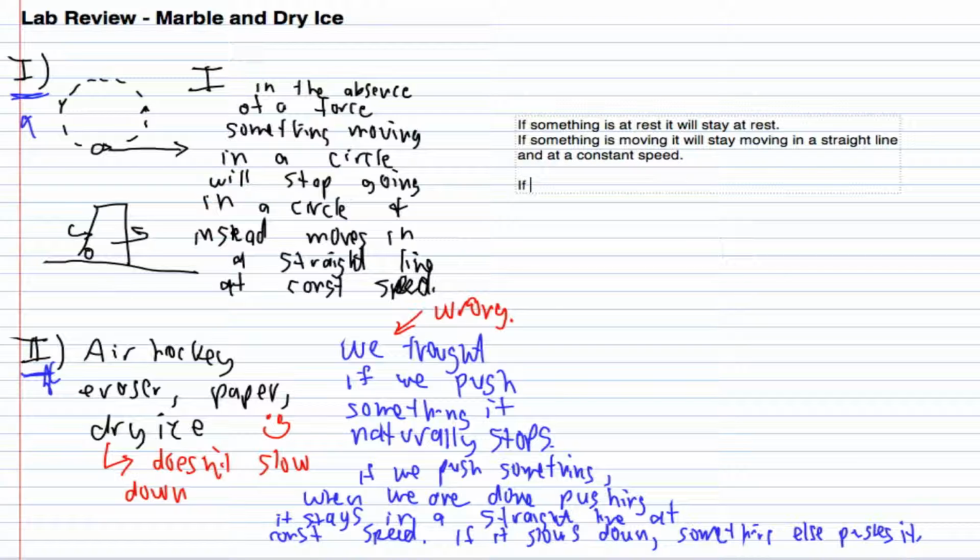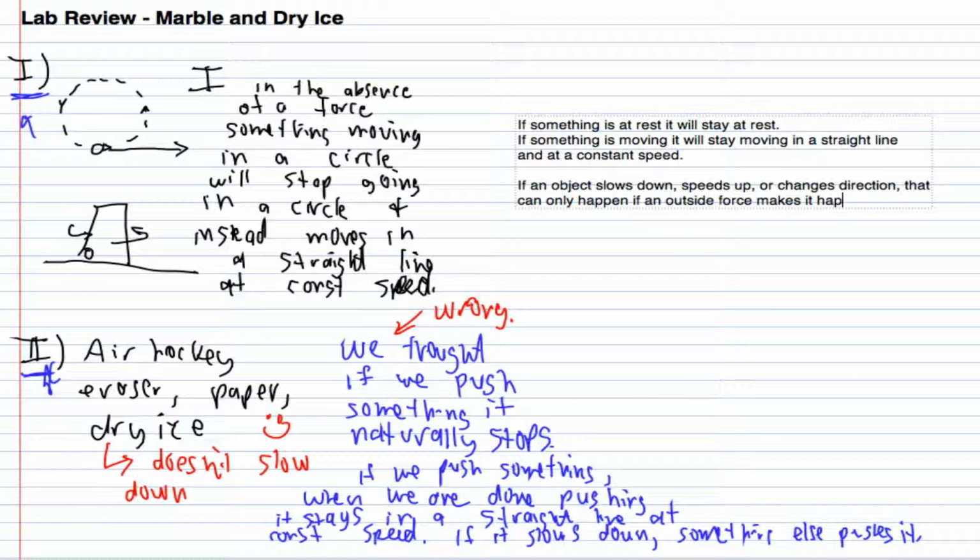If an object slows down, speeds up, or changes direction, that can only happen if an outside force makes it happen.